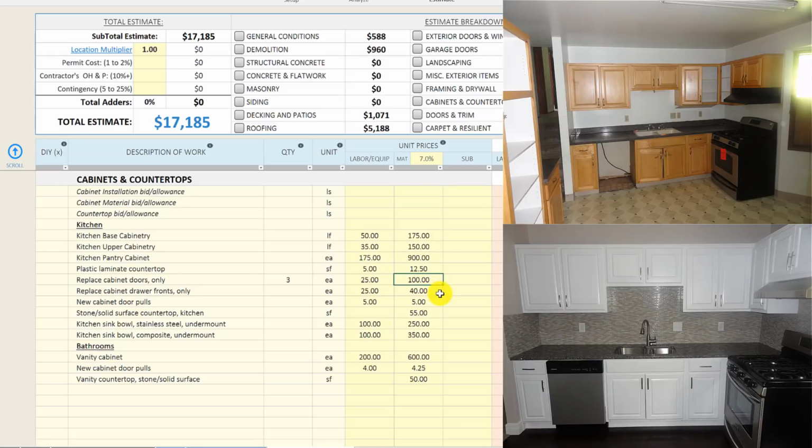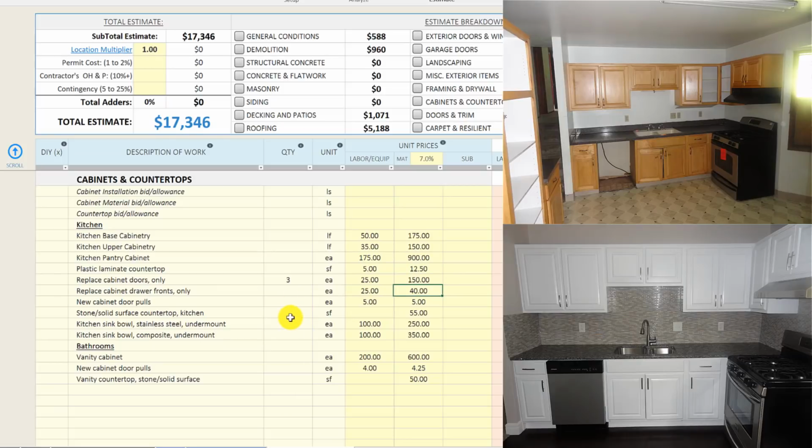We went to a local millwork shop, and I think those were $150 each to match the existing cabinet doors. So 3 doors at $150 each multiplies out to about $600 for those cabinet doors.